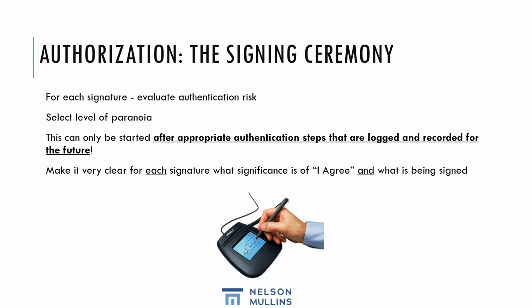Certainly, secondarily, and Craig will talk about this a little bit in the second half, if you don't do that, make sure you at least have a very thought out policy and procedure so that later if Susie says, I'm not the one who was talking to you on the phone, you have some way of saying, here's our policy and procedure for determining that. In order for us to take the application, you had to have passed these tests.